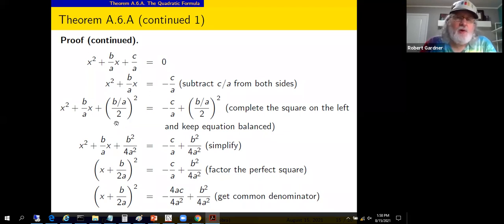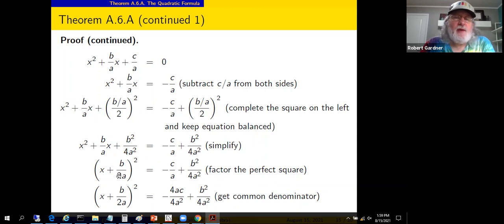Simplifying a little bit more, b divided by a divided by 2 is b over 2a. Square that, we'll get b squared over 2a squared, which is 4a squared. Simplify and square both sides. So all we've done is expand this little thing in parentheses and simplify. Square it and simplify the compound fraction.